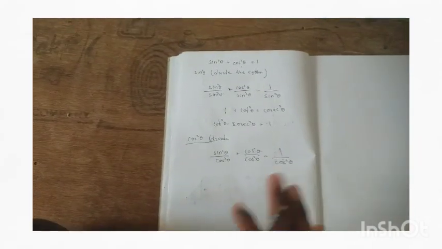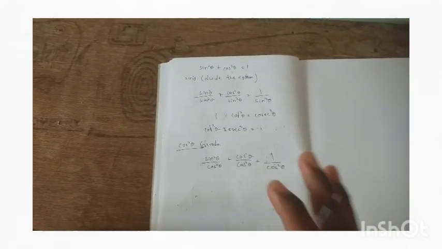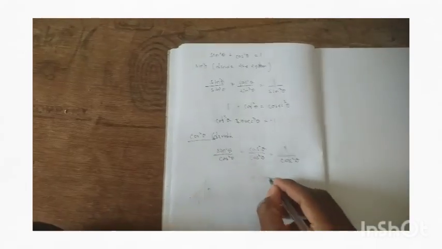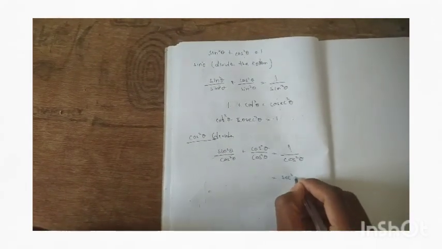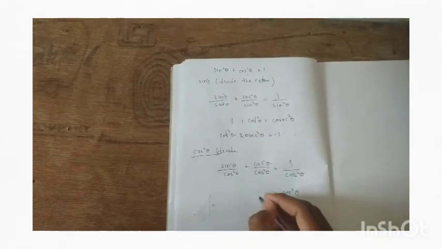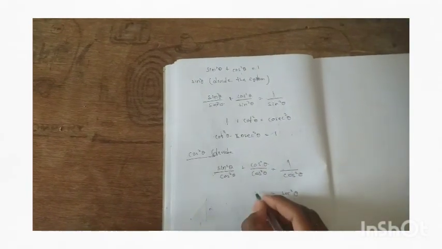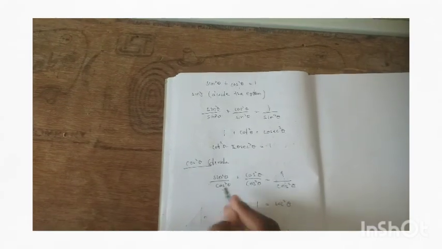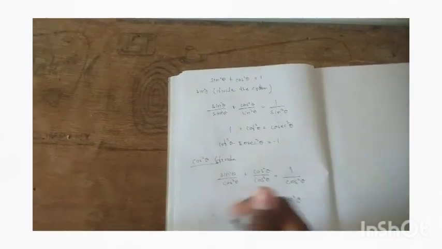You know 1 by cos square theta is sec square theta. The cos square theta cancels and we get 1, and sin square by cos square is tan square theta.